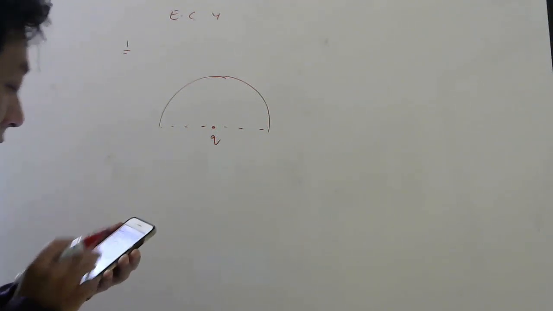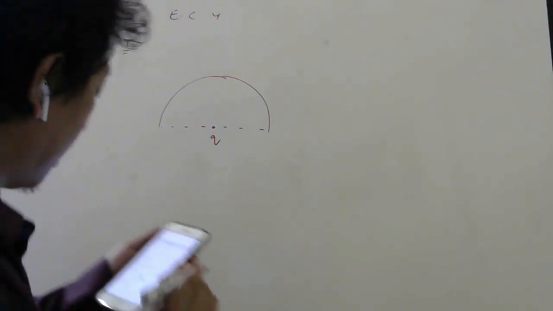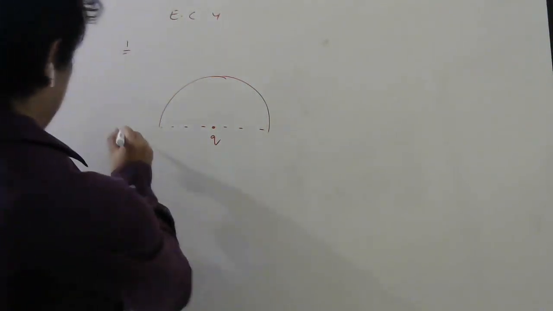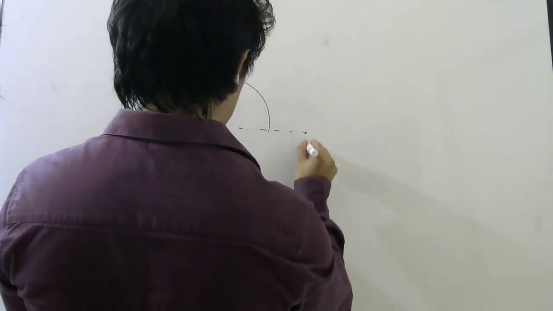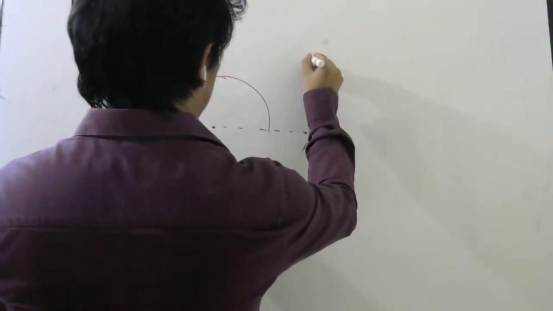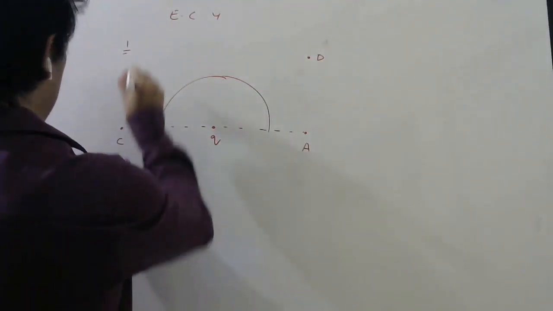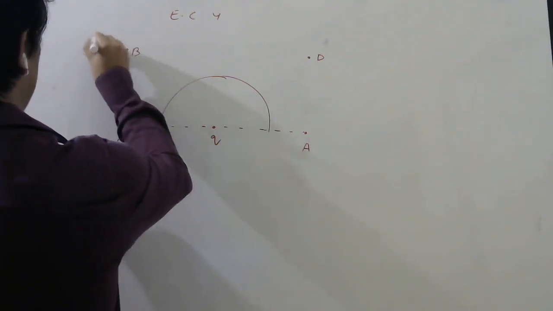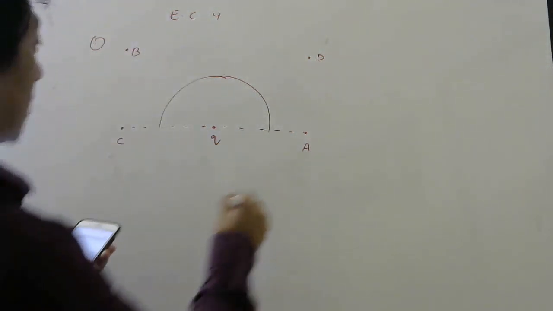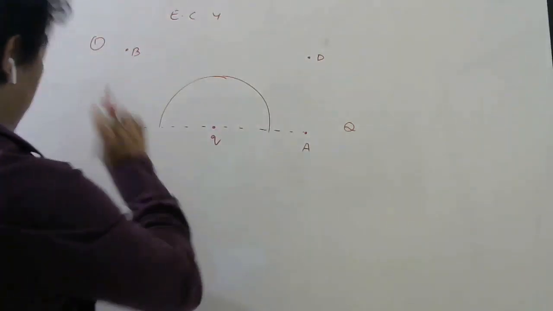A second charge capital Q is placed at one of the points A, B, C and D. So where are those points? If you see the diagram, here is your A, here is D, here is C and here is B. So another charge capital Q can be kept here or here or here or here.